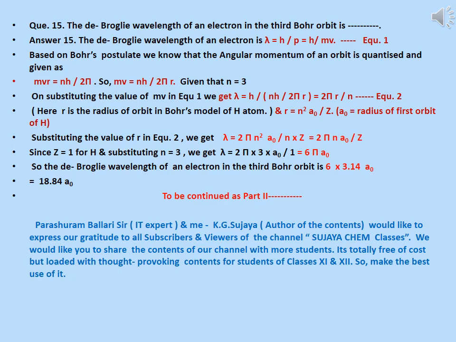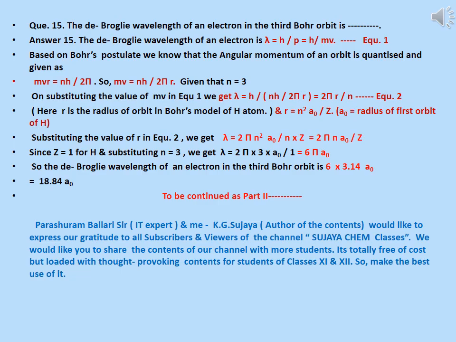For hydrogen, z is equal to 1, atomic number is 1, and we are asked to find out the de Broglie wavelength lambda for n equal to 3 electron. So substituting the value of n as 3, we get lambda is equal to 2 pi into 3 into a0 by z, which is equal to 1.